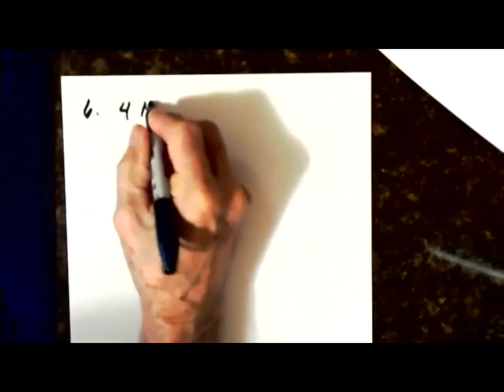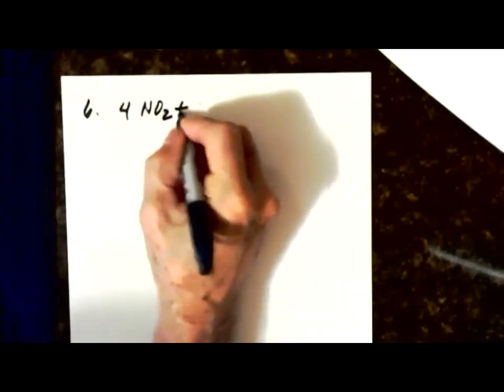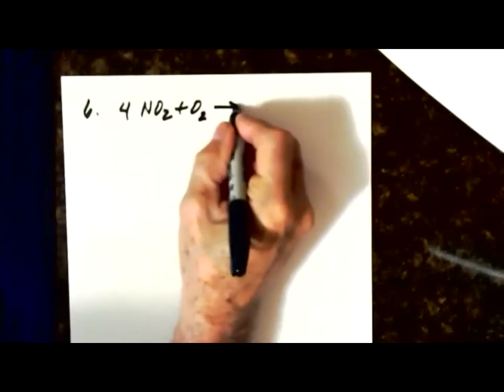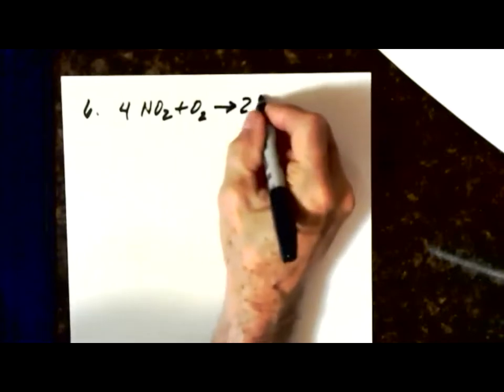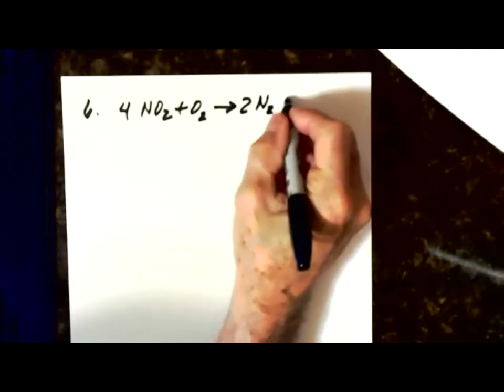Now, we're given the same reaction. So my reaction is 4 NO2s, and O2 goes to 2 N2O5.